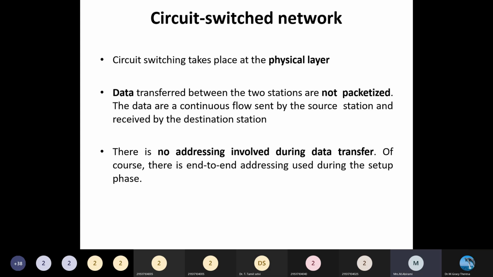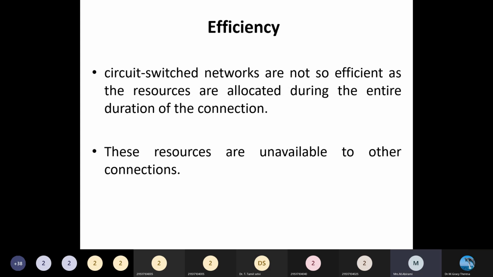Okay. So here the efficiency of the data transfer in a circuit switched network is not efficient because the networks have to share the resources allocated during the entire duration of the connection.